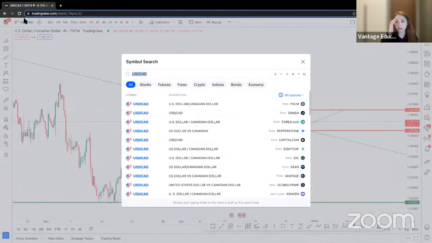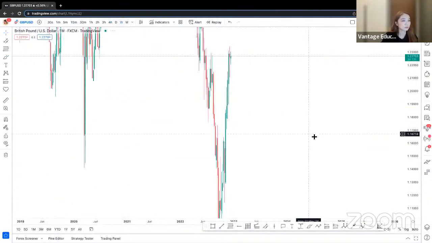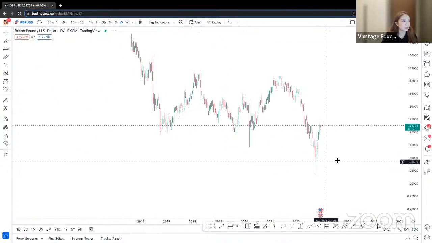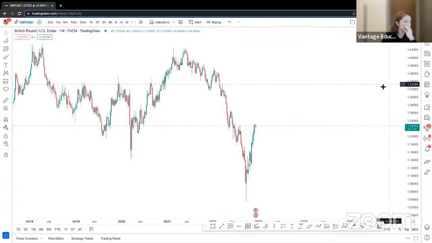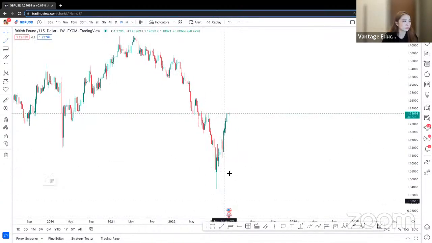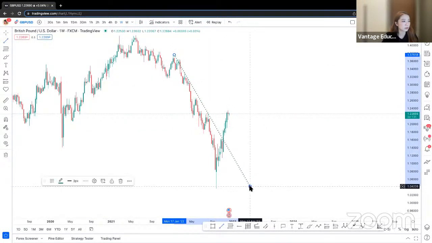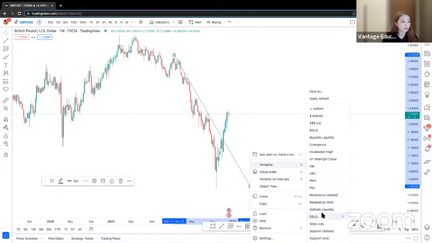We are looking at pound dollar. Same for pound dollar, we'll be looking from the weekly chart, doing a top-down approach. A downward moving trend line previously.